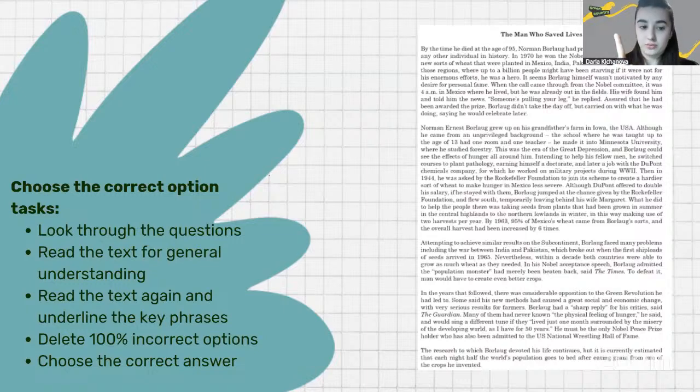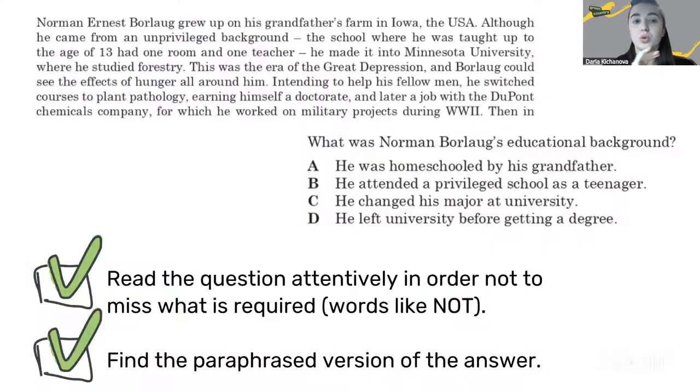We read the questions, then we read the text for general understanding, then we read for the details, we find the details of this text, and then we choose our correct answer. In such a way, you are working with the text efficiently, and it will be easier for you to remember the details.